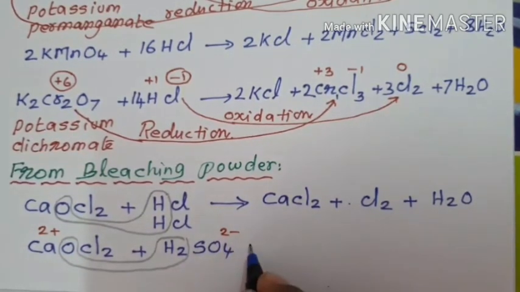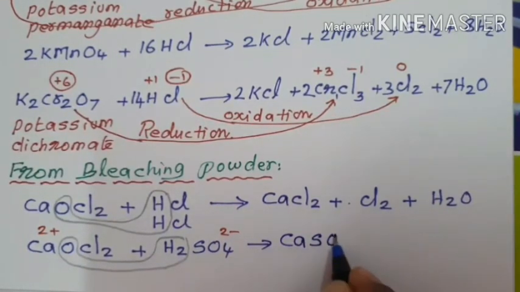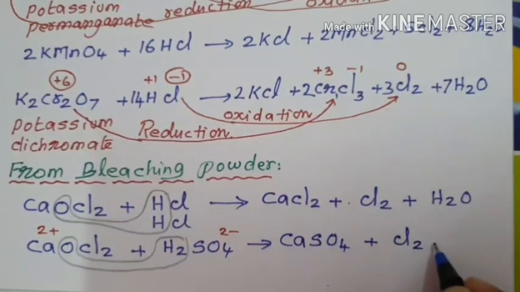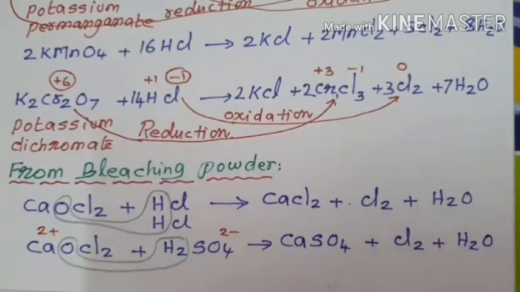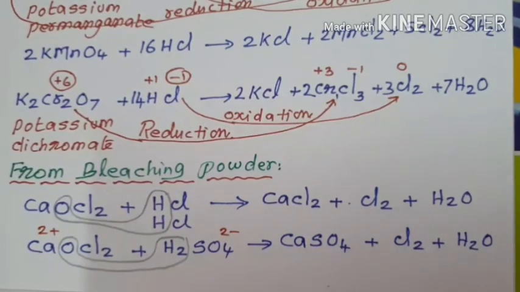So what are our products? Calcium sulphate, CaSO4, plus the other products Cl2 and H2O. So these are the preparations of chlorine from sodium chloride, and in other reactions how HCl undergoes oxidation to give Cl2. This is also an oxidation reaction from bleaching powder.